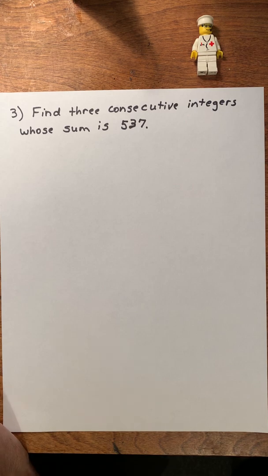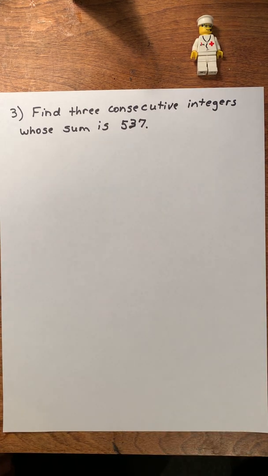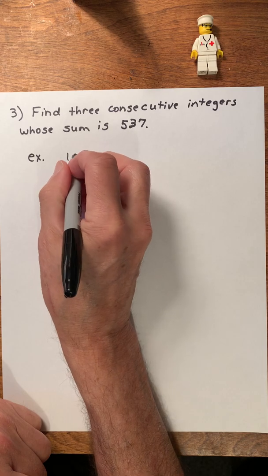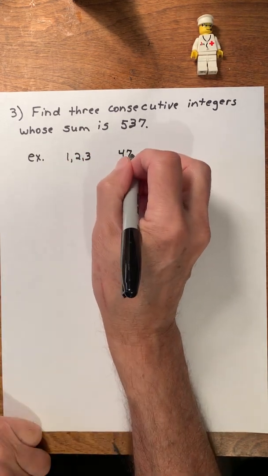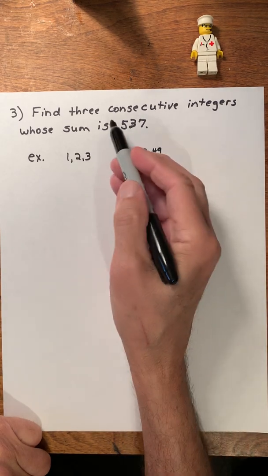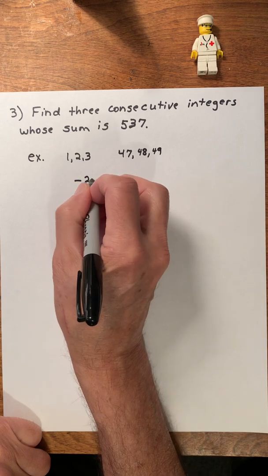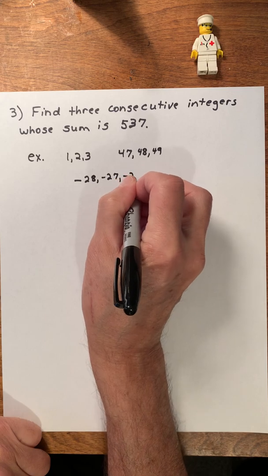A good idea here is to know what consecutive integers are. Always a good idea to know the definition of your terms. Examples of consecutive integers: 1, 2, 3; 47, 48, 49. Consecutive integers can be positive or negative: negative 28, negative 27, negative 26.